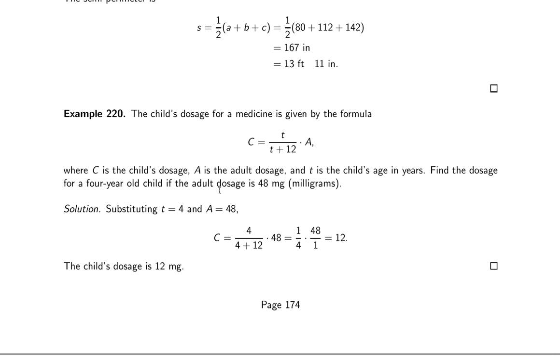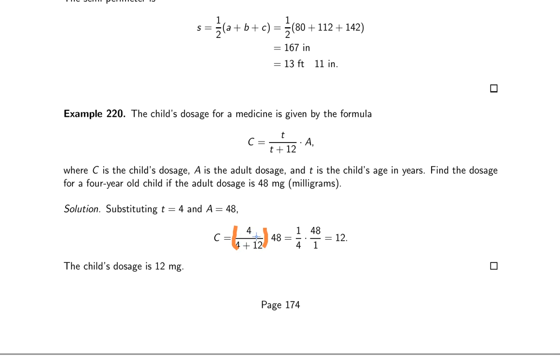So here T is 4 and A is 48. And we're substituting, so those T's become 4s, and we get a 48 here. All right, you can see we have a fraction here.